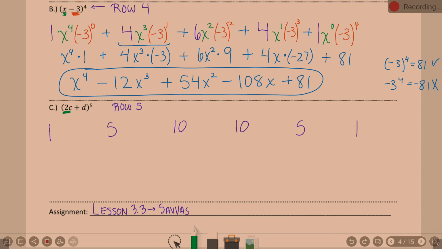So this is going to be (2c) to the fifth, (2c) to the fourth. Notice I'm putting 2c in parentheses. (2c) to the third, (2c) to the second, (2c) to the first, and (2c) to the 0.